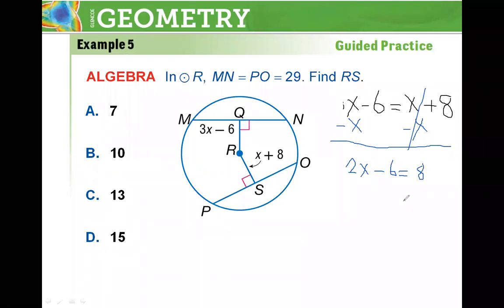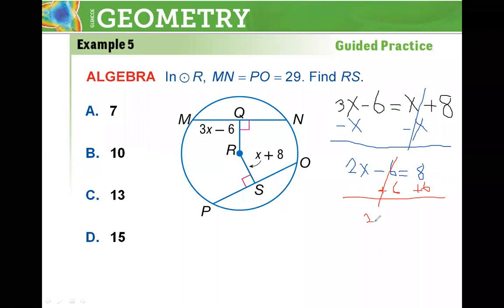I need only the value of x, so I need to get rid of negative 6. We add 6 to both sides, and then they cancel.